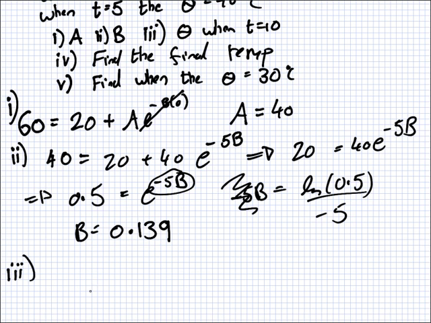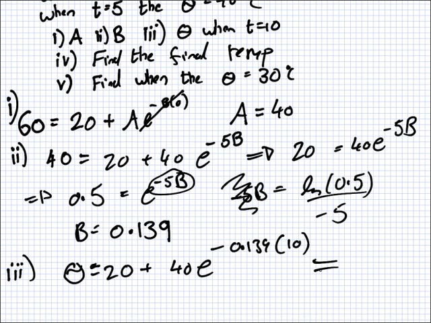Find the temperature when 10 minutes have passed. So that means theta equals 20 plus 40 e to the minus 0.139 times 10. And that gives us the temperature after 10 minutes. What's that?